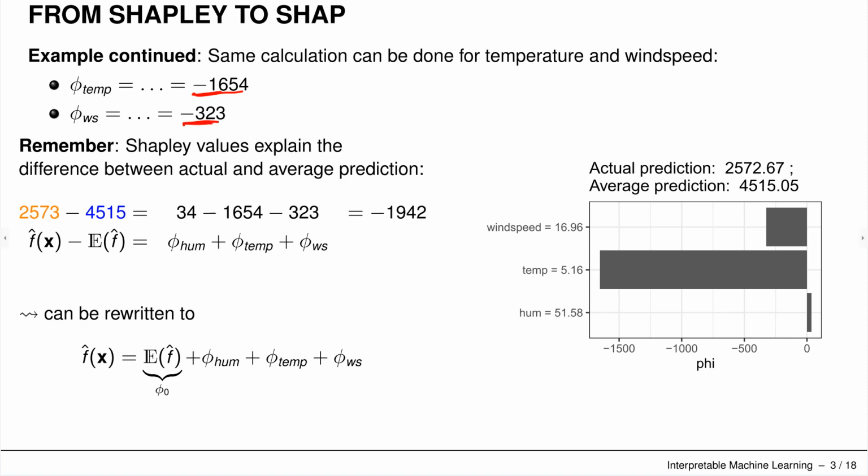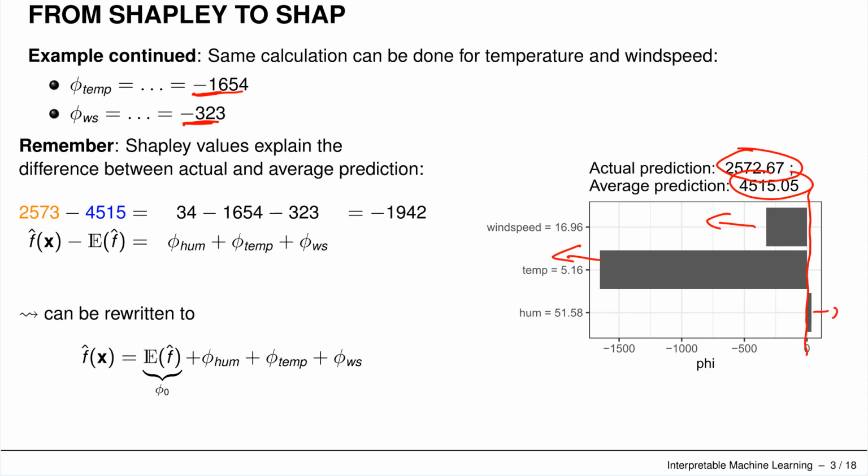After we do the exact same calculation for the other two features, you also get that plot here on the right. So we see the true value, the average, and we see that wind speed has a negative value. So here is 0. So it drives the prediction down. Temperature also drives it down, and humidity drives it slightly upwards.